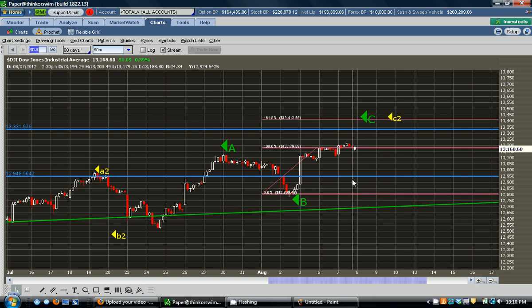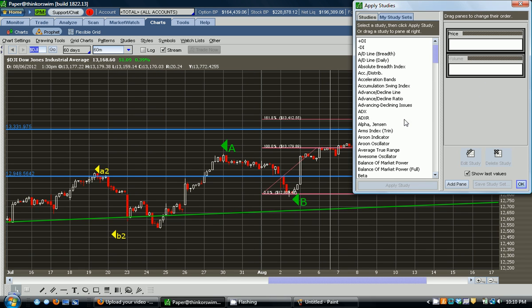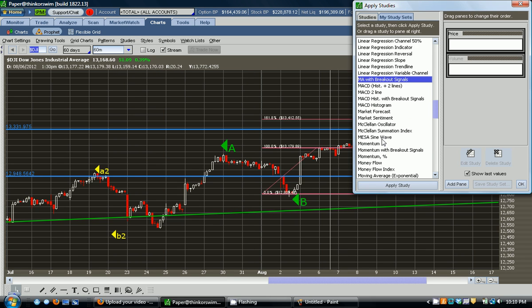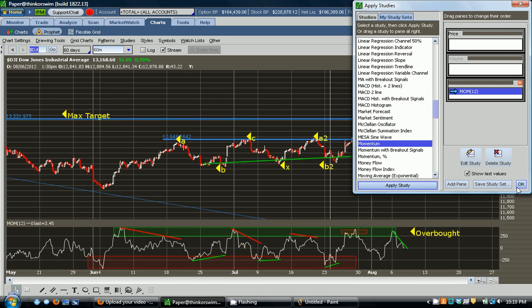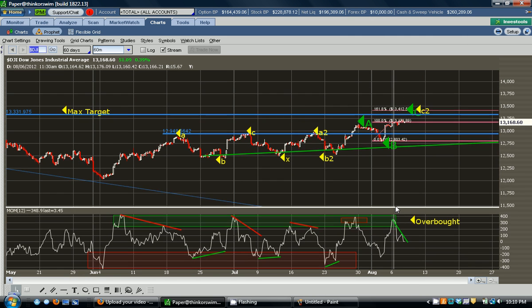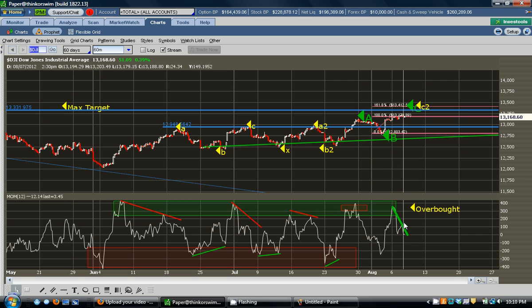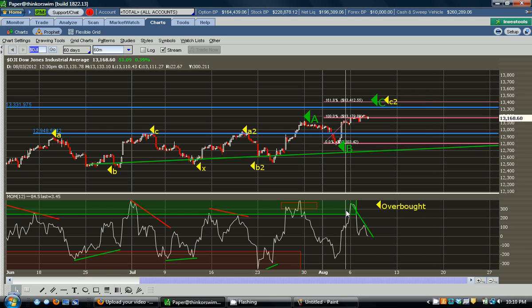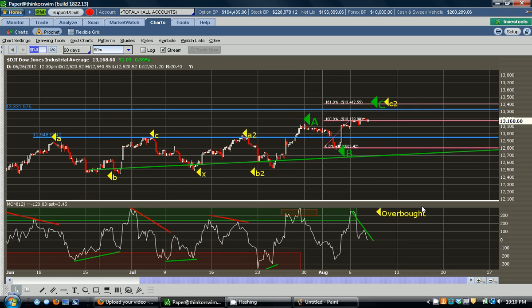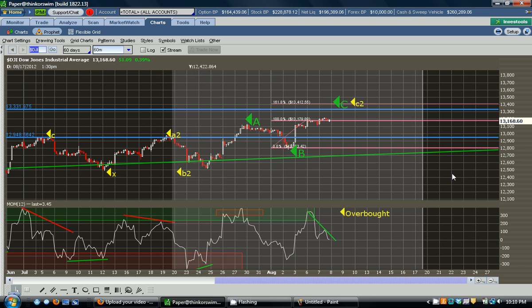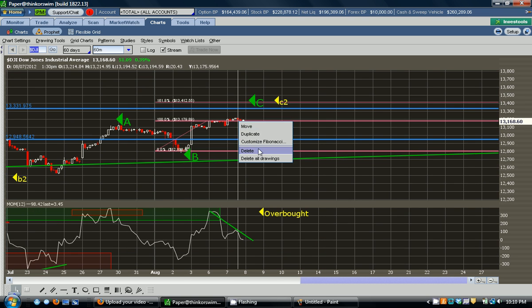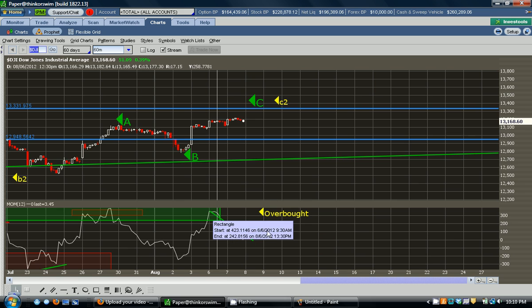If I toss in the momentum, we're going to need some kind of upward gap tomorrow to make this market more bullish, because right now, well, you've seen this scenario enough times. We are making new highs, but the momentum is falling off a cliff. Usually it's called a negative divergence, and usually it means that we're about to hit a reversal. So we'll see what happens tomorrow.